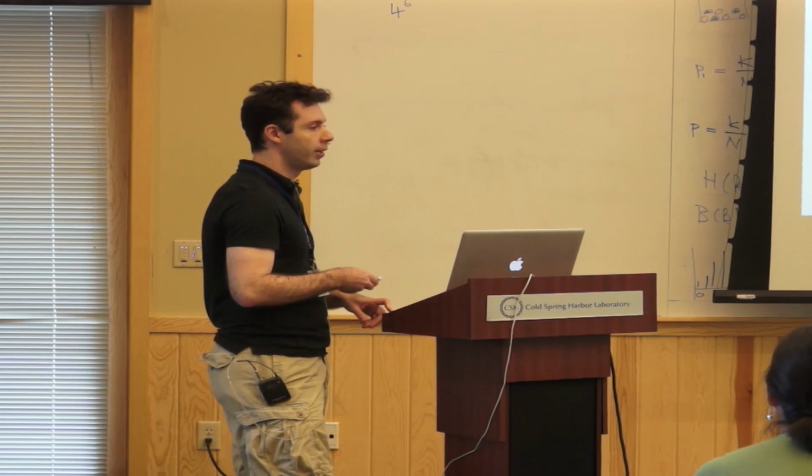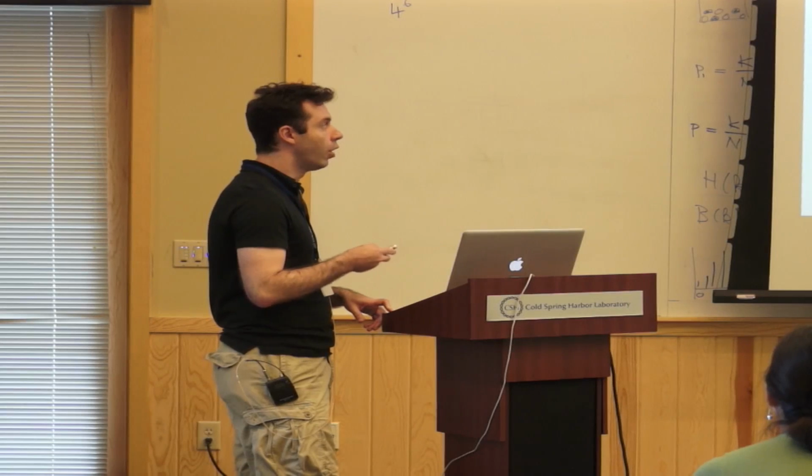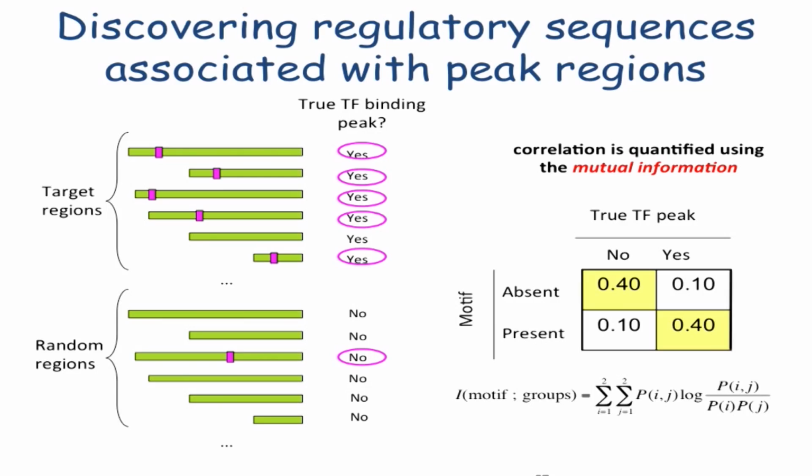What about a situation where none of these true peaks have a given motif, and let's say 50% of the random peaks have the motif? That would be a non-random association between the motif and the peaks. So that would be something that this procedure would pick up. And that could be meaningful.